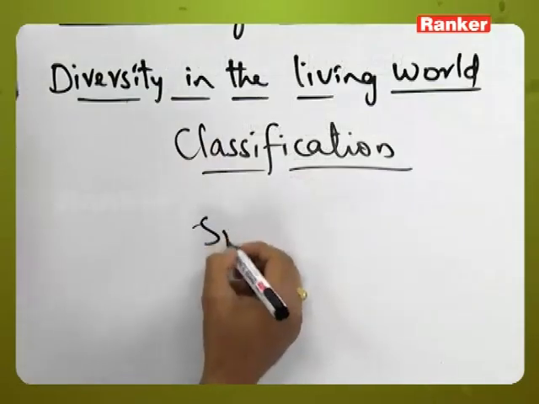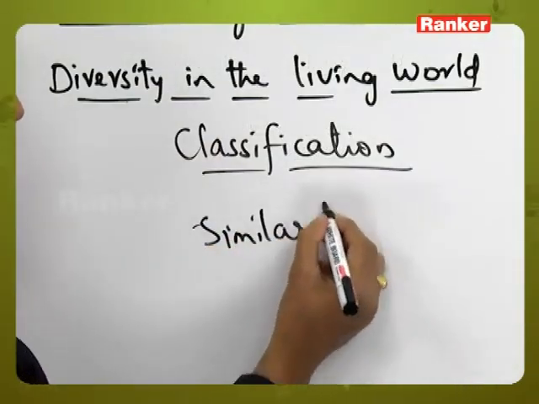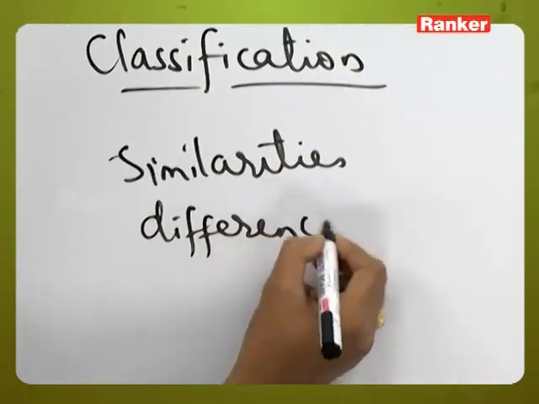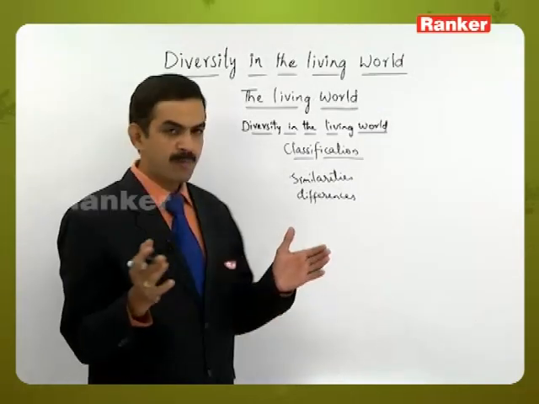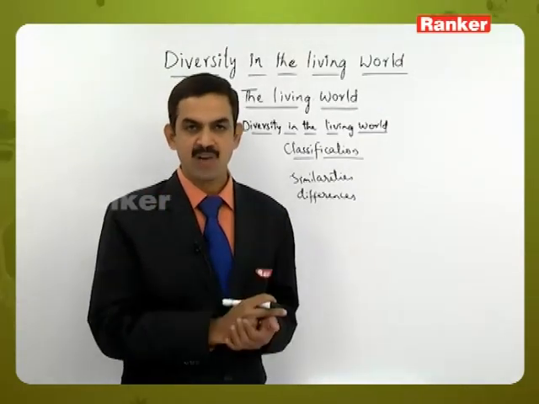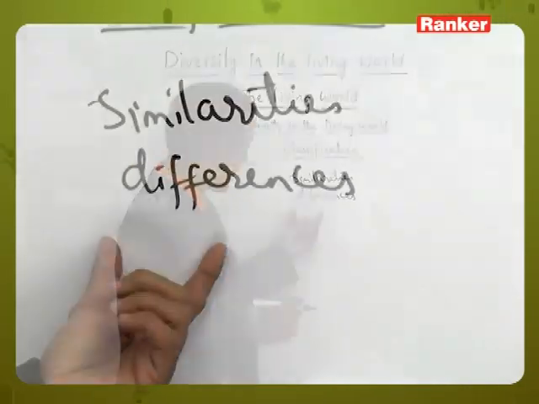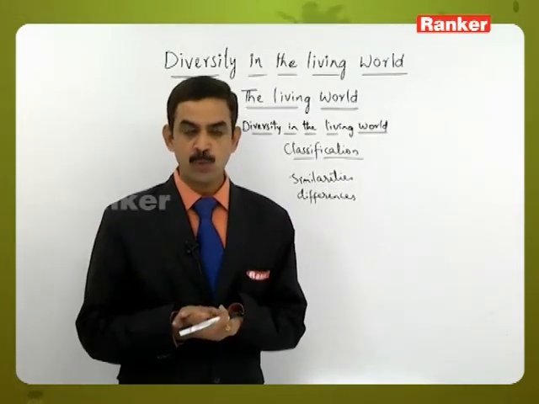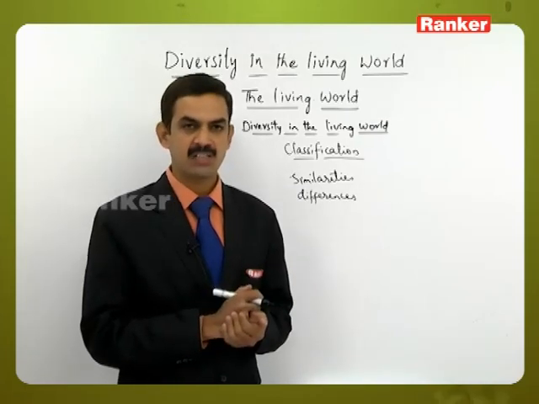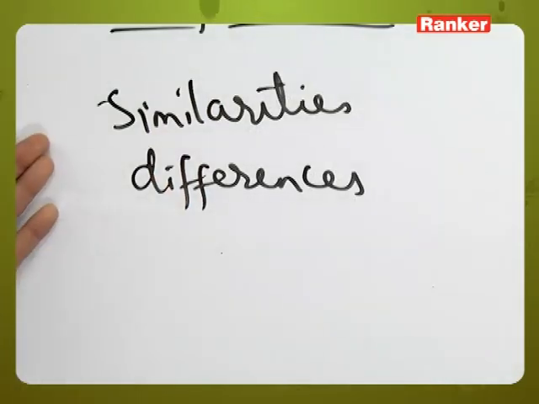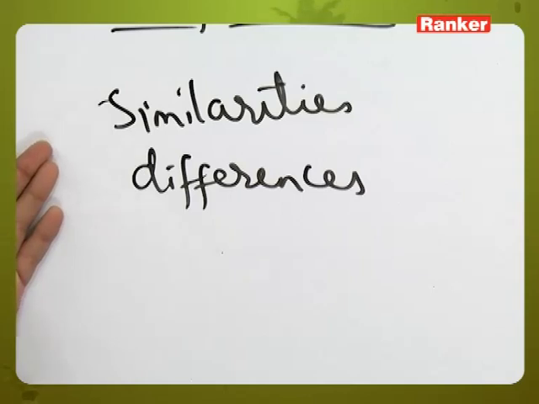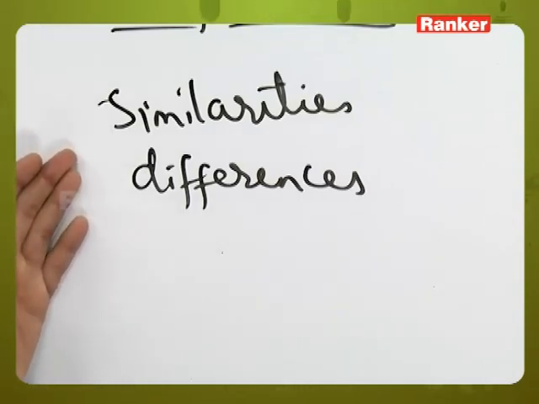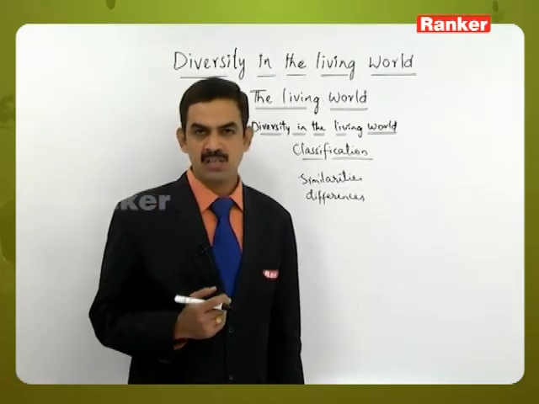Based on the similarities and differences, whichever plants have similarities are kept in one category or one group, and whichever have differences are separated and kept in different groups. That is what we call categorization, or placing the plants into different groups based on differences, and it is called the classification process.